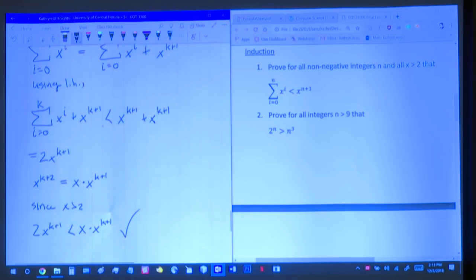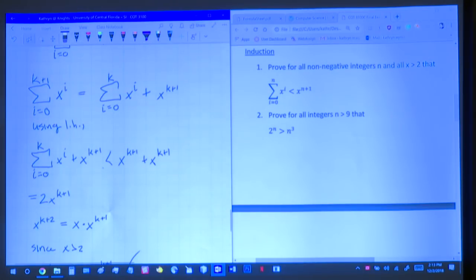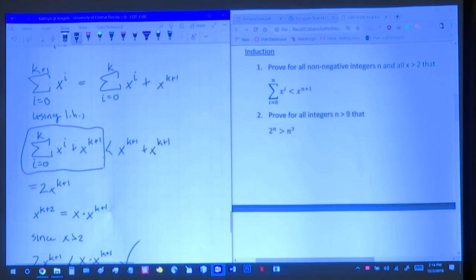Sorry, yeah, it's fine. I'm stuck after using the inductive hypothesis. Okay, so let me rewrite that. So we had this, and if we look at our inductive hypothesis, we see that this summation is smaller than x to the k plus 1. So when we replaced it, we got larger. So we can still say that this summation is smaller than what we replaced it with.